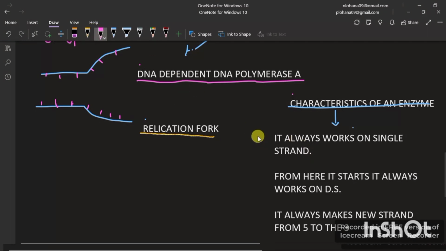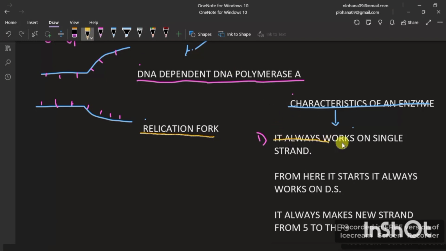The first characteristic we do have is that it always works on the single strand. Wait, let me mark here. As you can see here, we made it single because of this enzyme, so that this enzyme can come and work on this.